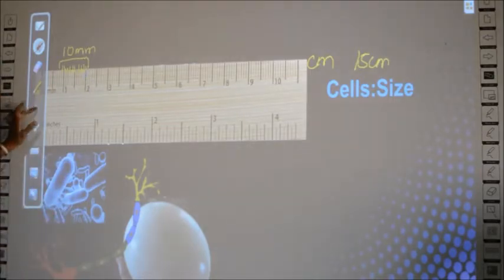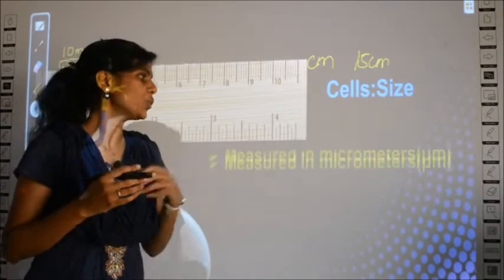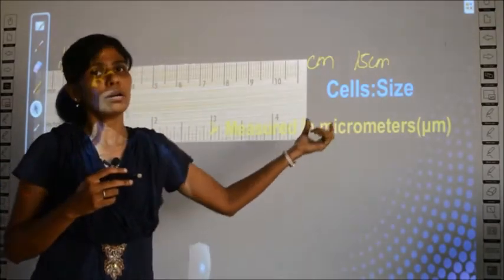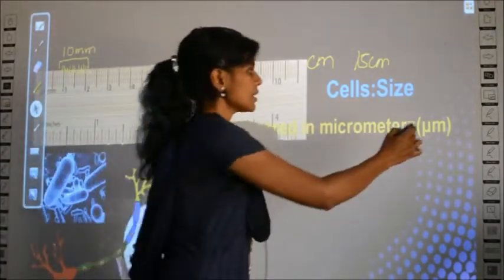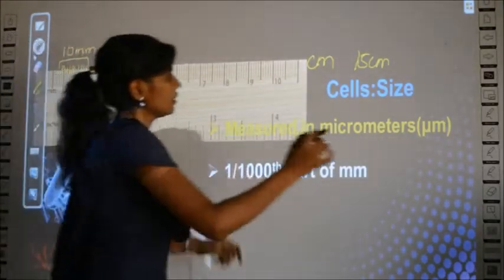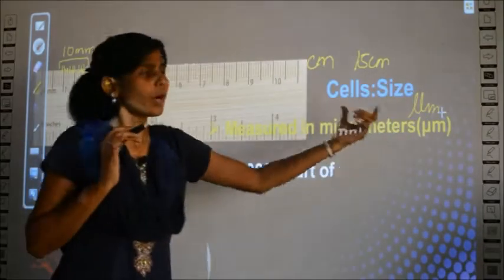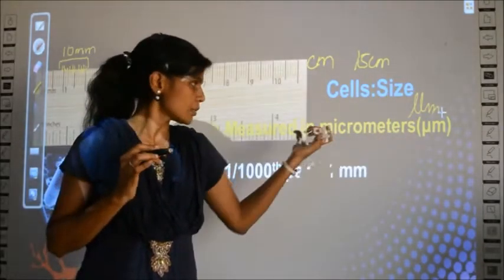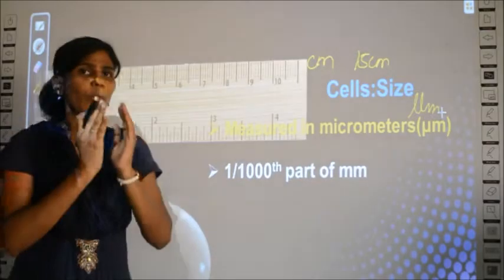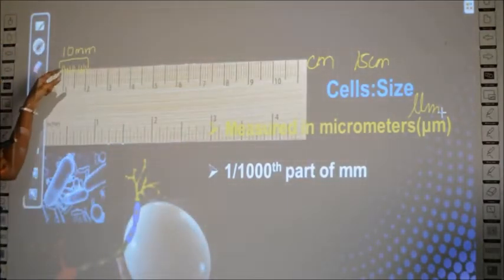But why am I talking about these measurements? The cells are measured by a unit called micrometers. Can you see this symbol? This is how you need to write micrometers. So what is this micrometer? This micrometer is actually 1/1000 of a millimeter. How much is 1 millimeter?